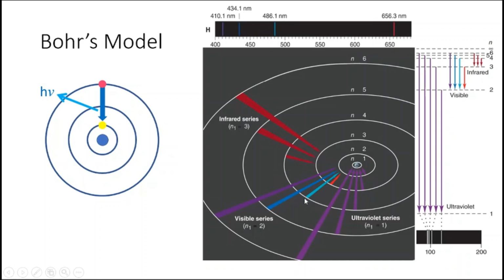And this lighter blue color, this transition from your N equals 4 to N equals 2, is going to be represented by a wavelength of 486.1. And this little tiny red guy right there is going from your N equals 3 to N equals 2, and represents the 656.3 nanometers.